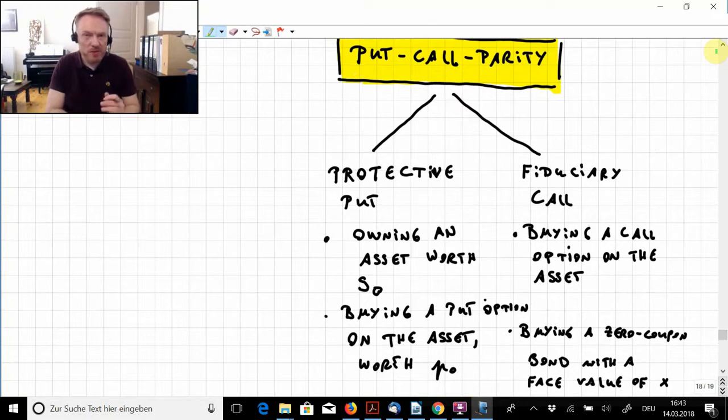Now, talking about the put call parity, there's a second thing. There's the fiduciary call. The fiduciary call consists of two things as well.